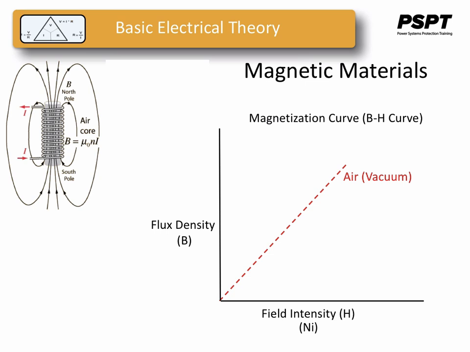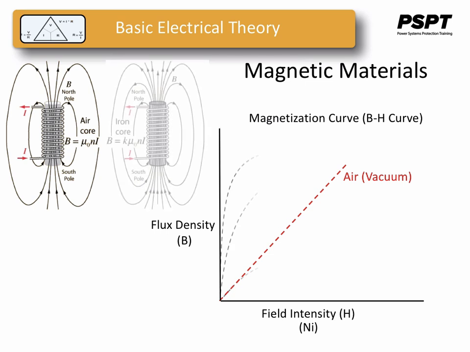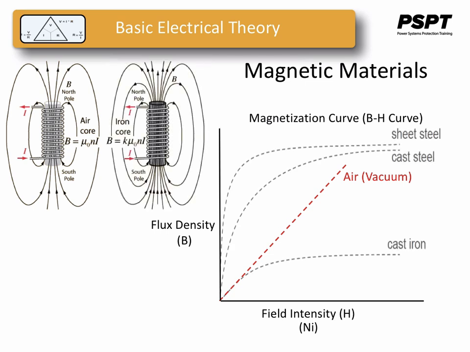So if we increase the current, then we increase the flux, and it goes up as a straight line relating one to the other. In the real world, the core material is not linear. As you can see here, for three plots of sheet steel, cast steel, and cast iron, as we increase the current, it starts to go up linearly, but as we go further and further, the material becomes what we call saturated, and as it becomes saturated, you can no longer produce any more flux lines, no matter how much current you pump into it.